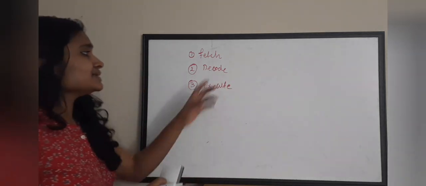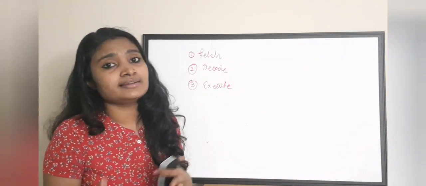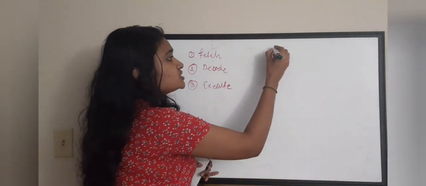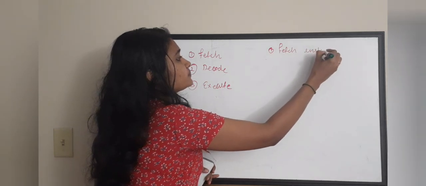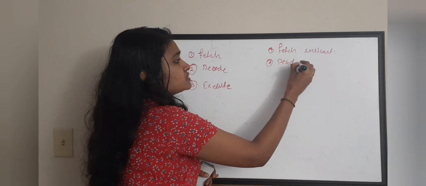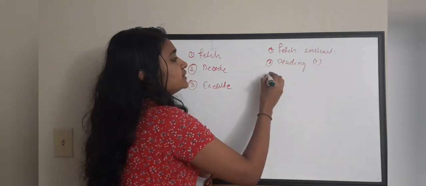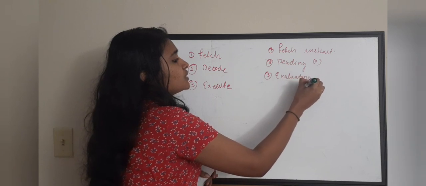So this is a simple explanation of your instruction cycle. Now if you go for a detailed explanation, it is like this. First one is fetching of instructions. Second one is decoding of instructions. Then third one is evaluating of address.